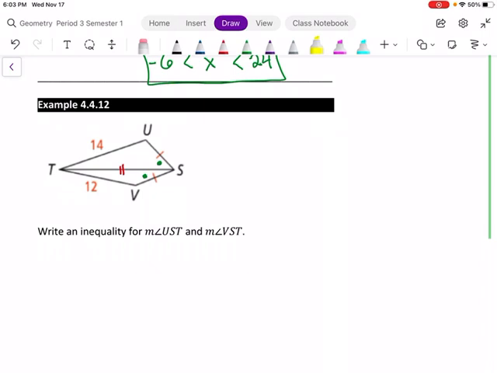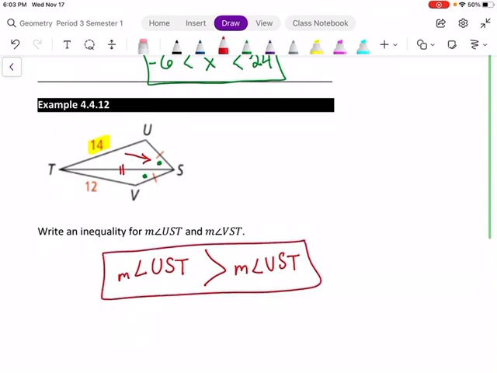So the angle across from the largest side is going to be the larger of the 2. 14 is the largest side, so this is our largest angle. So we know angle UST is greater than the measure of angle VST. And that is our answer. So make sure you get these copied down and then you can use them to complete the homework.